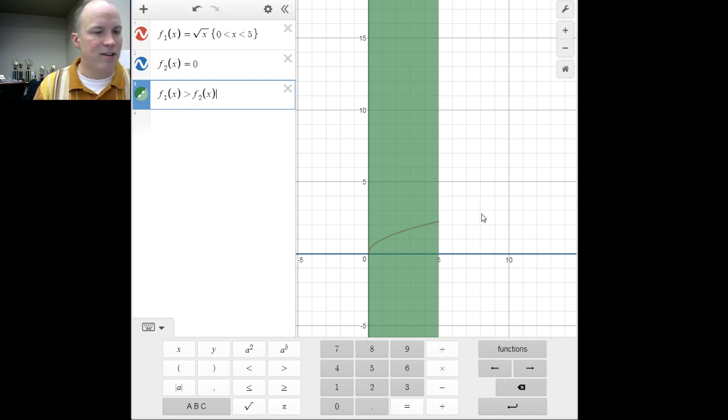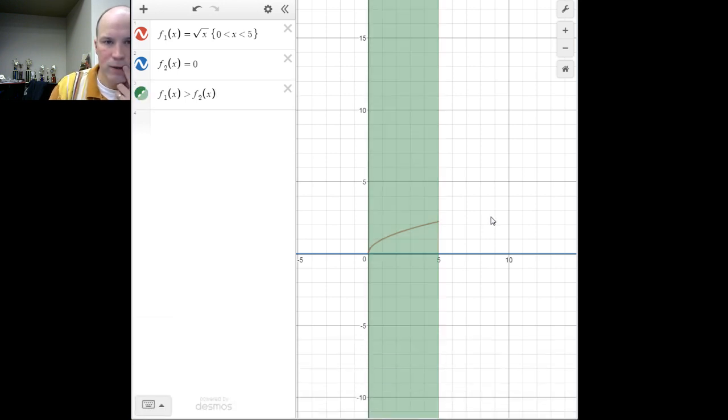And I get that. That did not give me the shading I wanted. Why didn't it give me the shading I wanted? What did Elliot do wrong? If it's graphing between 0 and this, f1 is greater than f2 of x, that's always true. Oh, no, nuts. Okay, Elliot's confused.